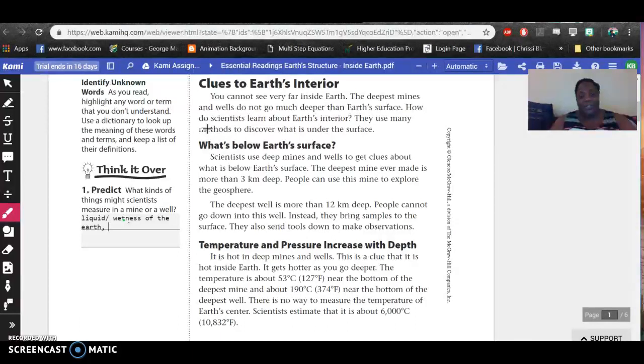Oh, let's see. What else would I measure? Just in earth science, in a mine or a well, what kind of things would scientists want to measure? Volume of what? Okay. Sounds good to me.